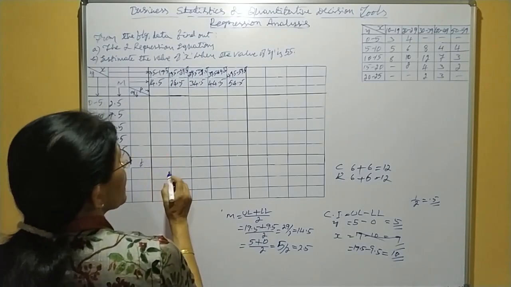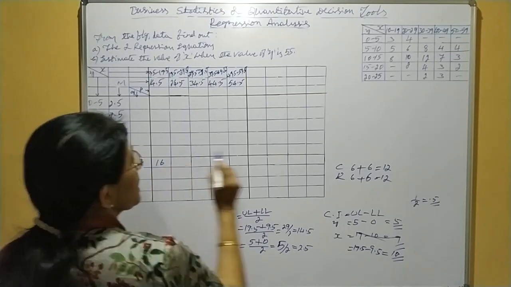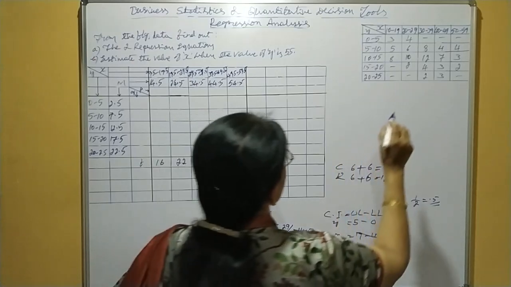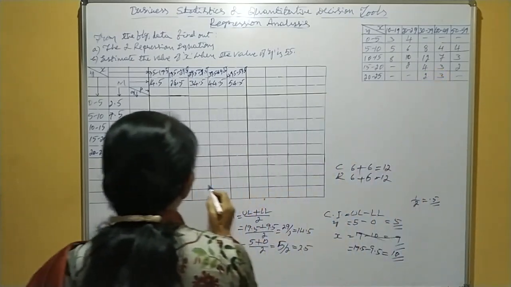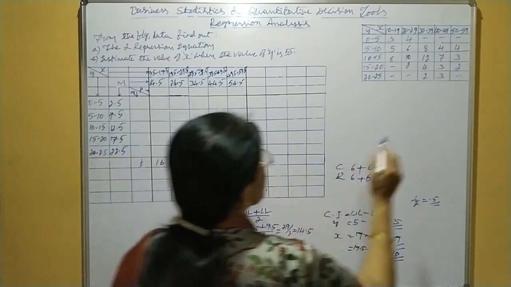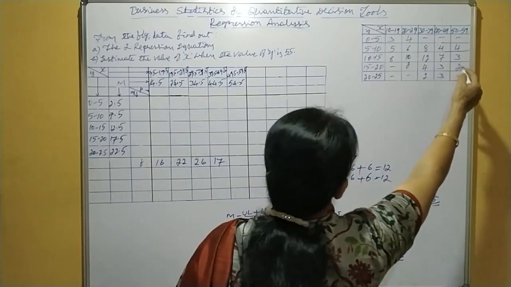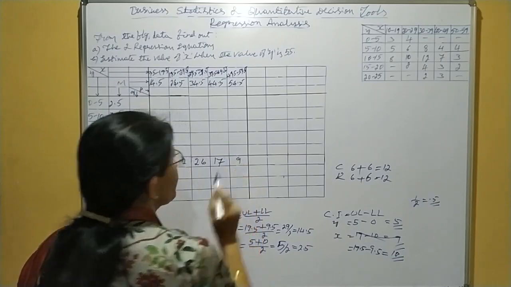Frequency. That is 16. Next column 22. Next column 26. Next one 17 and last column 9.